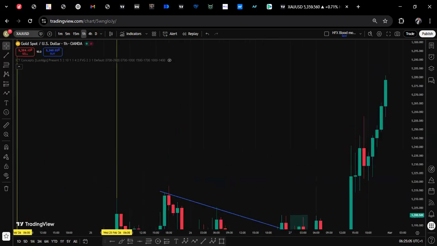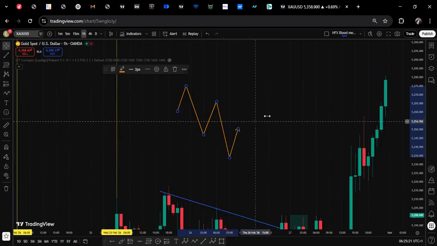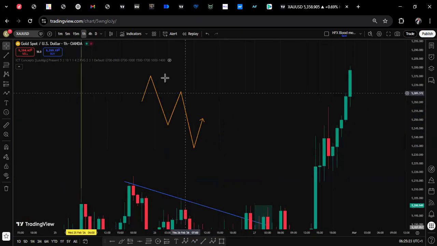trend is lower lows, lower highs, lower low, lower high, lower low, lower high. So if you look at this, this is a downtrend.